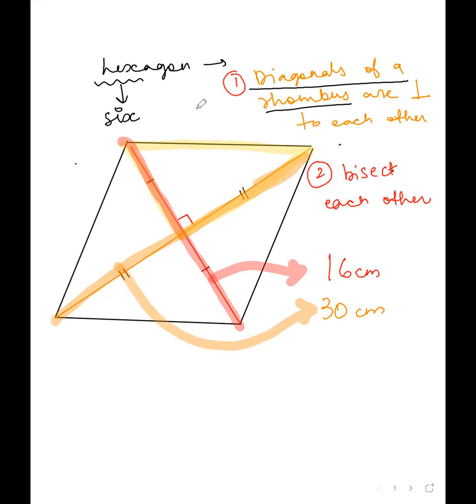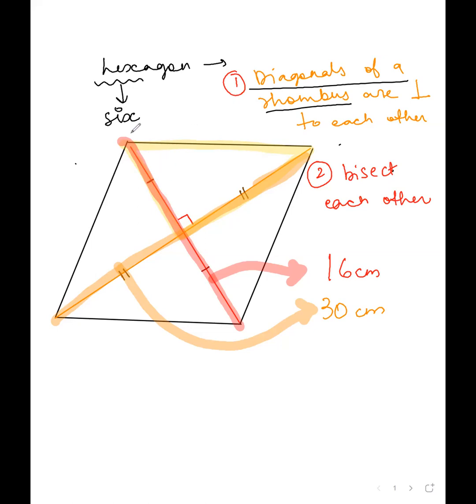Okay. So that's what I'm asking you, that if this entire thing is 16, then what is half of it? 8. So can you tell me what are the lengths of the two sides of this yellow triangle? It will be 8 and 15 and x. Very good. Which one will be x, by the way?